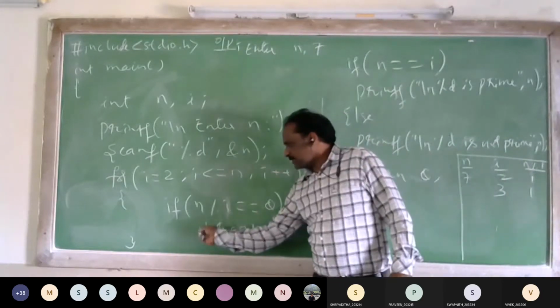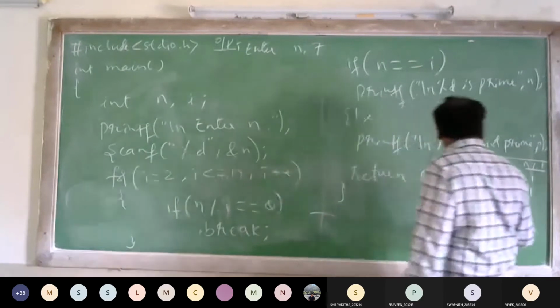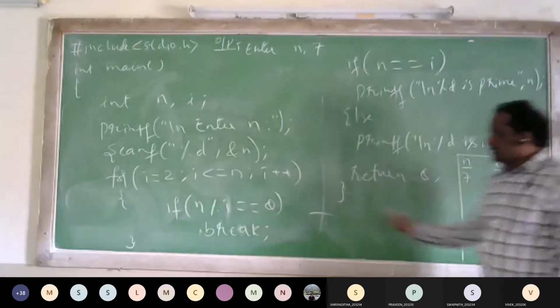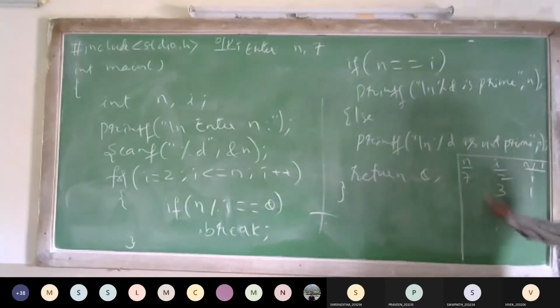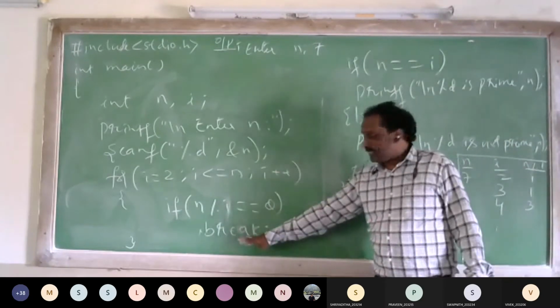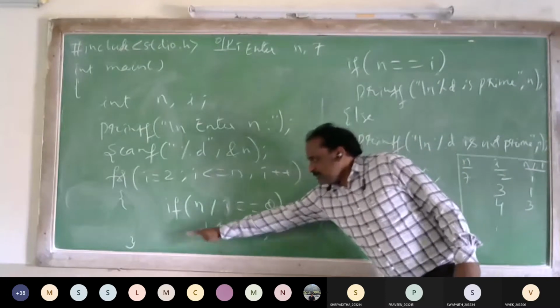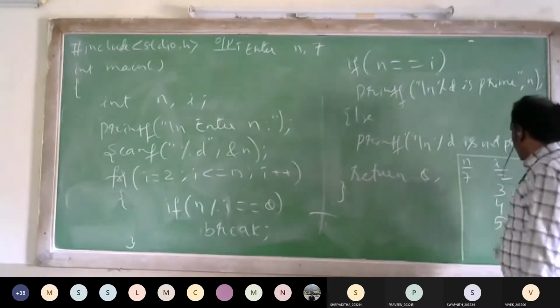So this statement is not executed, and the control will come here. i plus plus, i is 4. Now, 4 is less than or equal to 7, true. 7 modulus 4, the remainder is 3. If the remainder is 0, then only break is executed. The remainder is not 0, so no more statements are there. i plus plus, the value of i will become 5.